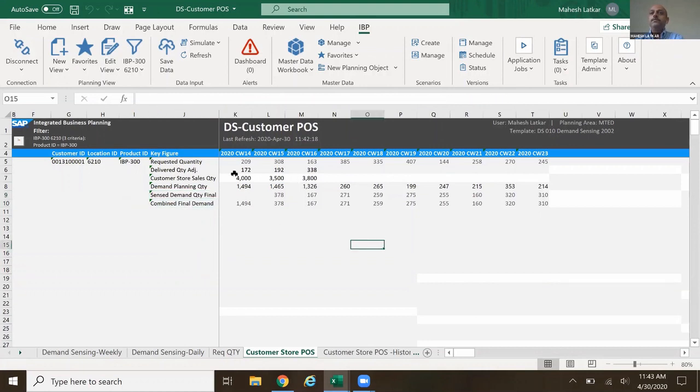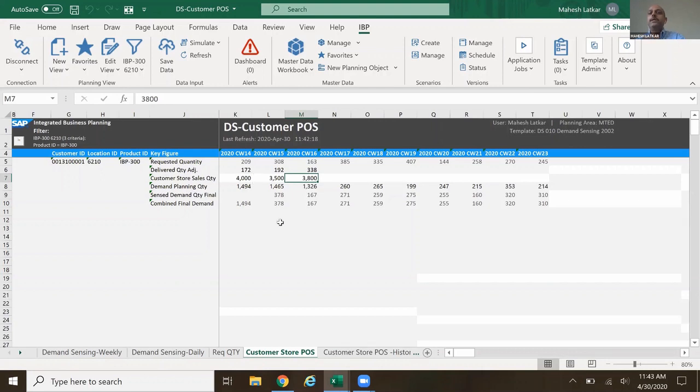Here we're just putting a few time buckets, 10 or 12 time buckets. The current week is calendar week 18. So you will see the demand sensing output will be from the current and future buckets for the next, I think, 6 buckets. Here we got customer point of sales as an additional input.